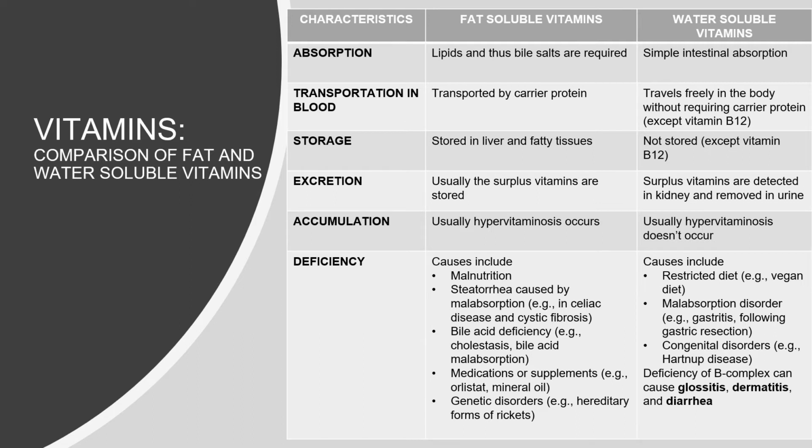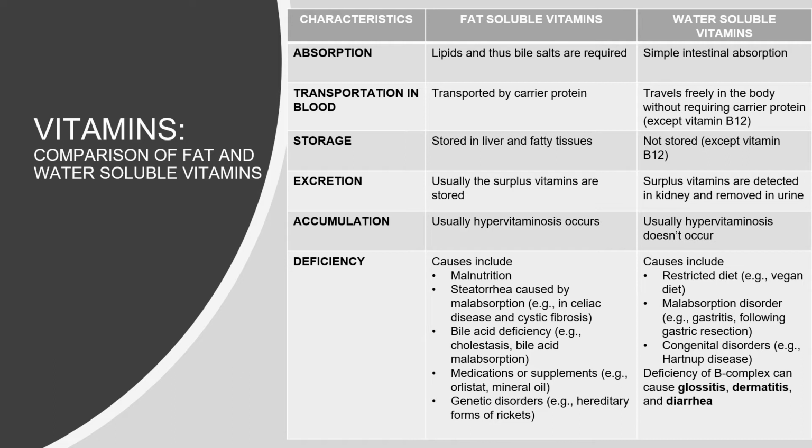While in water-soluble vitamins, deficiencies are usually caused by a restricted diet, but they do not require any bile salts. That's why we do not see deficiencies of water-soluble vitamins with bile acid deficiency. But for example, malabsorption disorders such as gastritis or gastric resection, and congenital disorders can cause them.